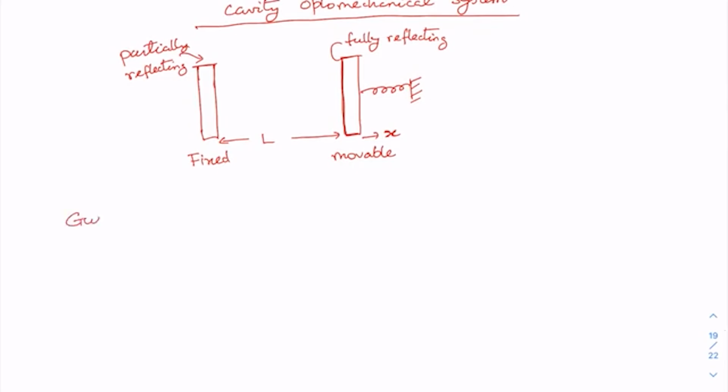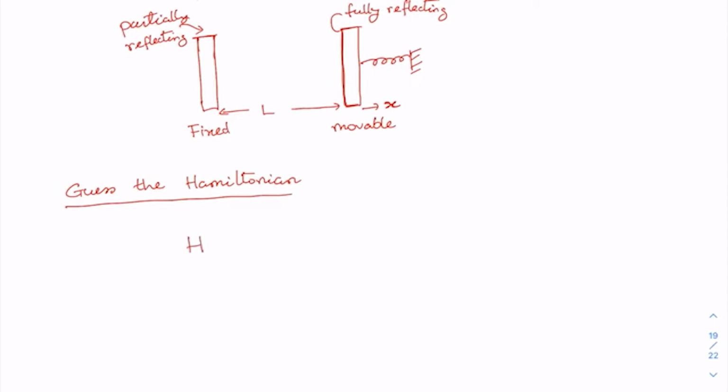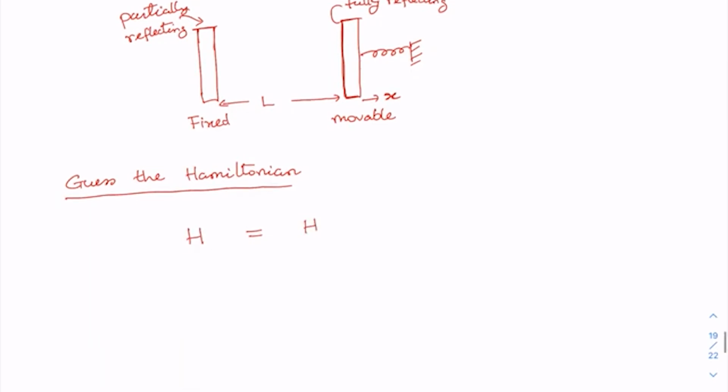So now we'll do the guessing work, and later on we'll of course study this Hamiltonian in great detail. It is not very difficult, because you know that the total Hamiltonian of the system, let us say H, is due to the contribution of various parts. One contribution is going to come from the optical photon inside the cavity.